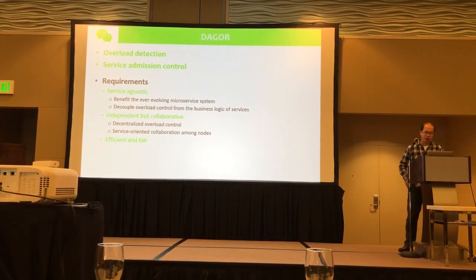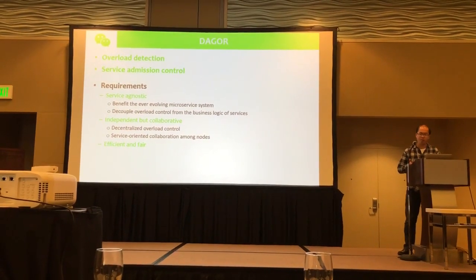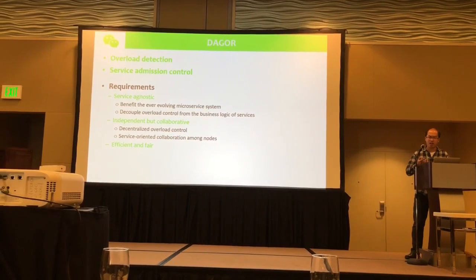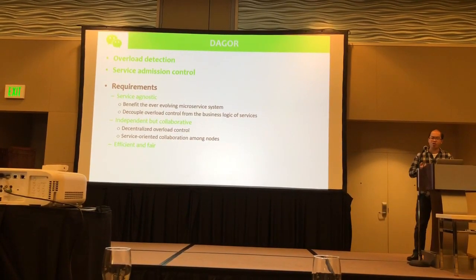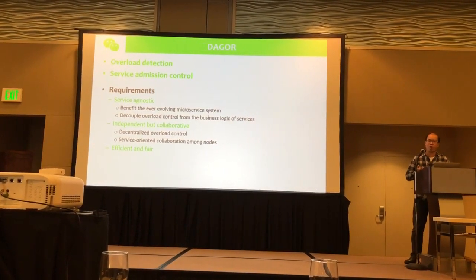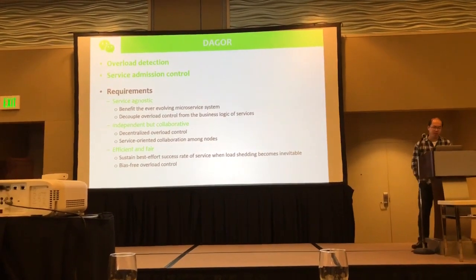And we also want the overload control to be service-oriented, with cooperation among the nodes. That means the upstream services and the downstream services should work together to prevent partial processing of requests that are destined to abort.